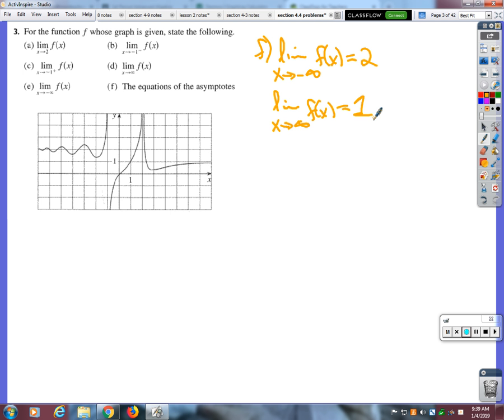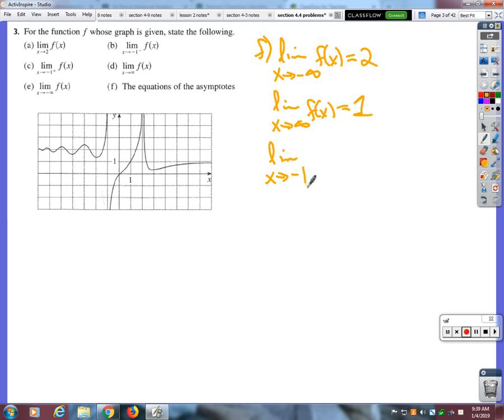Okay. The vertical asymptotes, instead of doing the limit as x approaches infinity and that equals a number, you do the limit as x approaches a number and that equals infinity. Okay? So for this one right here, that's what? -1. So I'm going to do the limit as x approaches -1 from which side?